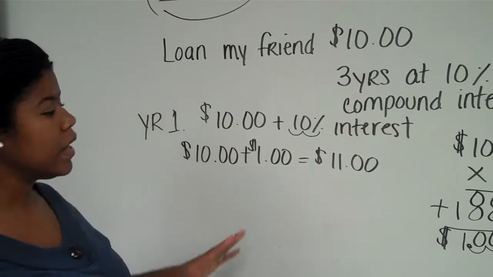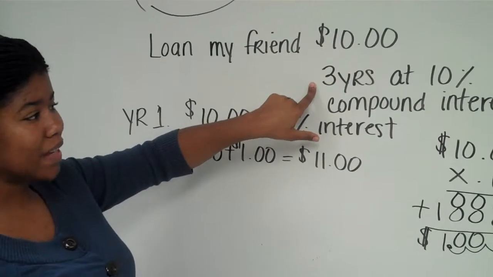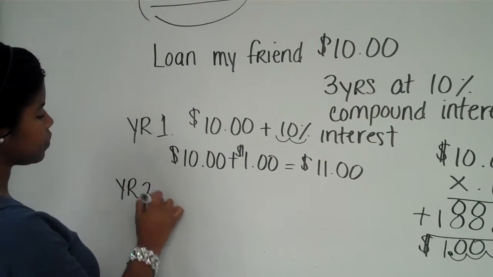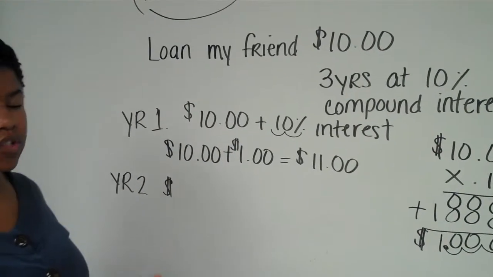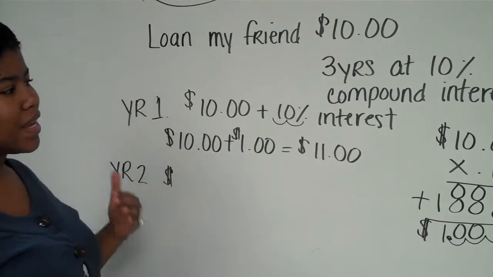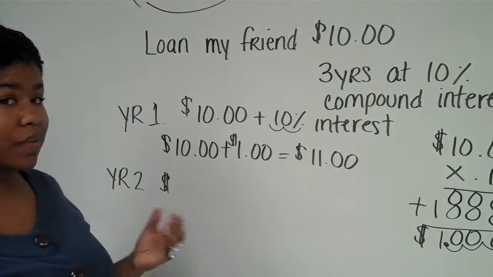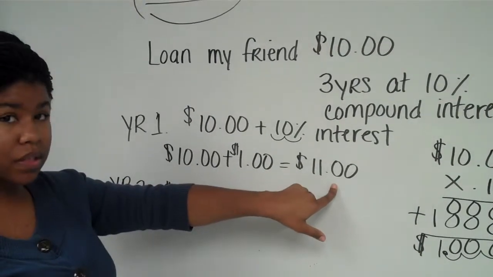Very simple. Here comes year two. Remember, I gave my friend 3 years to pay me back at 10% compound interest, so we're going to figure out the interest for year two. Now, at the end of year two, she has to pay an additional 10%. This 10% is not paid on the original $10, because how much does she owe now? The new amount that she owes after year one, you're right, was $11.